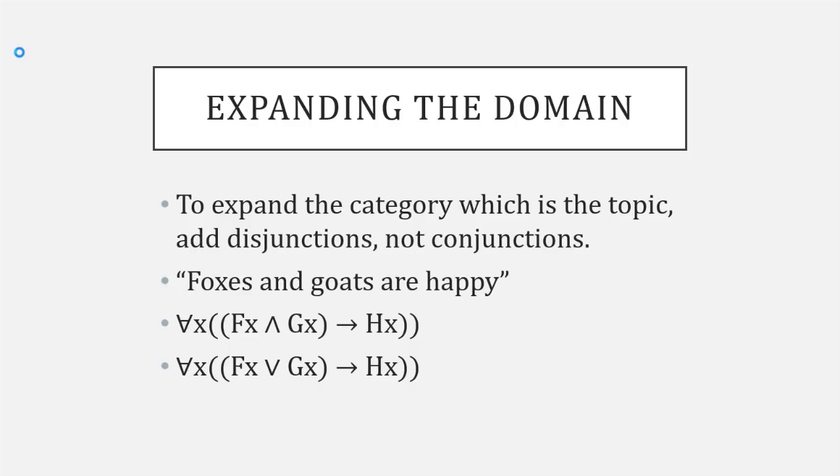There's not many fox-goat hybrids. There's no object that satisfies both F and G, but there's lots of objects that satisfy F or G. There are both foxes and goats. So to expand the topic, we use disjunctions, and to narrow it, we use conjunctions. Okay. Familiar? Yeah? Okay.